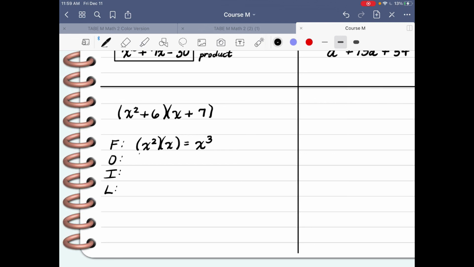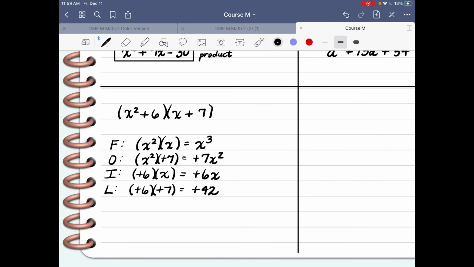Outer is x squared times the plus 7. So that is a plus 7x squared. Inner would be the plus 6 and the x. So that is plus 6x. And then the last pieces of each parentheses would be the plus 6 and the plus 7. That is a plus 42.